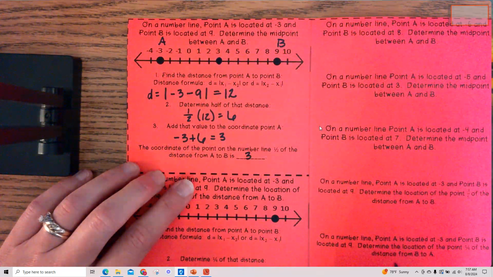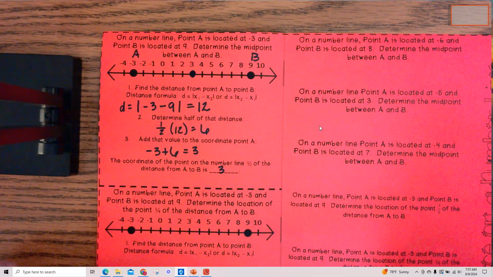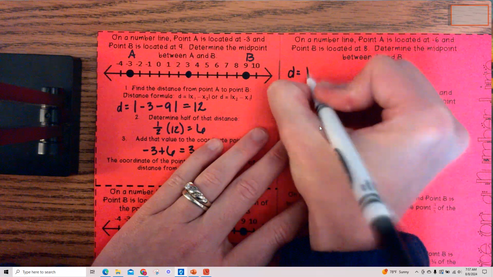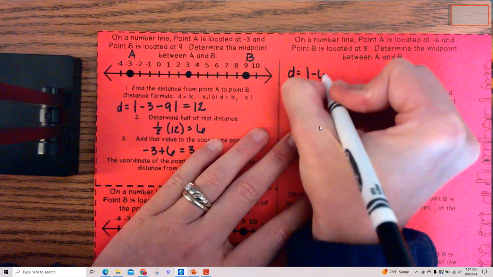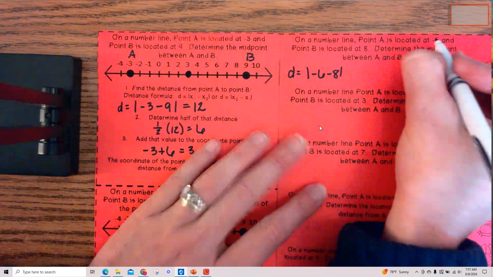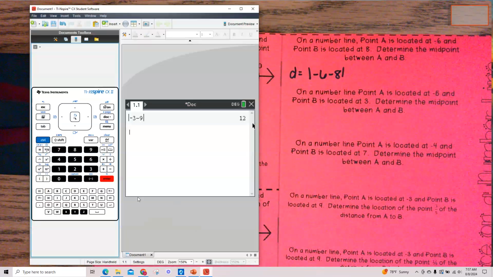Okay. All right, so on a number line, point A is located at -6 and point B is located at 8. Determine the midpoint. So we do the absolute value first. So -6 minus 8. Again, you can flip them. You could do 8 minus -6. Just don't lose your symbols. Don't drop a sign.